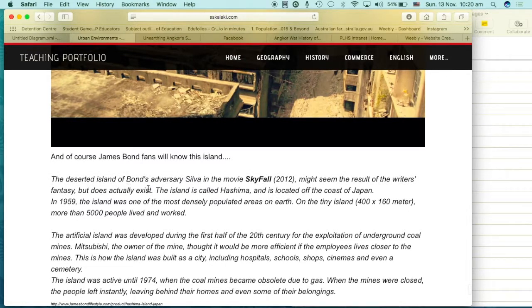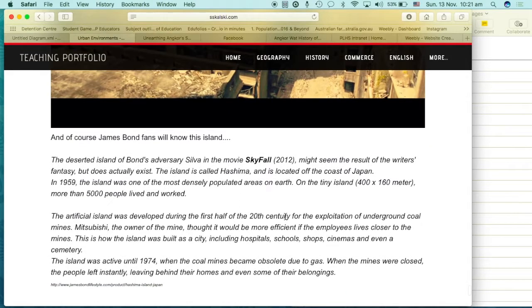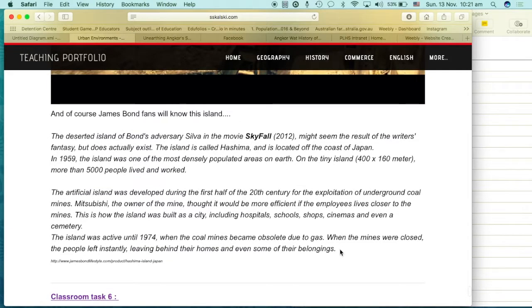So the deserted island of Bond's adversary Silva in the movie Skyfall might seem the result of the writer's fantasy, but does actually exist. The island is called Hashima and is located off the coast of Japan. In 1959, the island was one of the most densely populated areas on Earth. On the tiny island, only 400 by 160 metres, more than 500 people lived and worked. The artificial island was developed during the first half of the 20th century for the exploitation of underground coal mines.